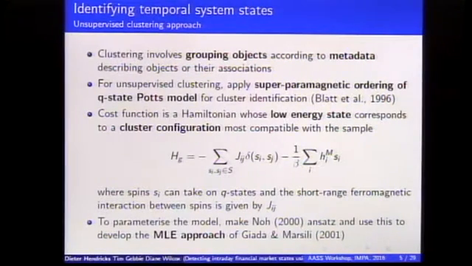Given this paradigm of complex adaptive systems, the canonical models used in statistical physics to model these systems are spin glass models. What we're looking at is a particular type of spin glass model, the Q-state Potts model. The analogy is that you have a whole bunch of different objects in the system, and each of these objects can take on different magnetizations or spins, each in different directions, in this case Q possible different directions.